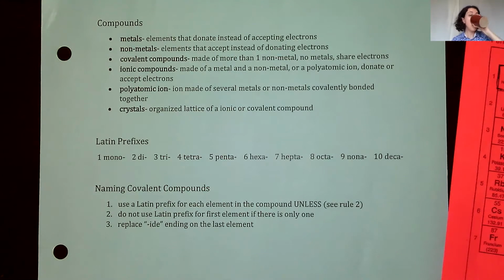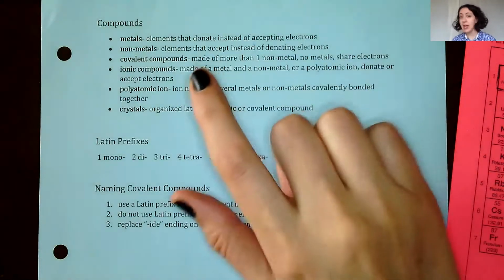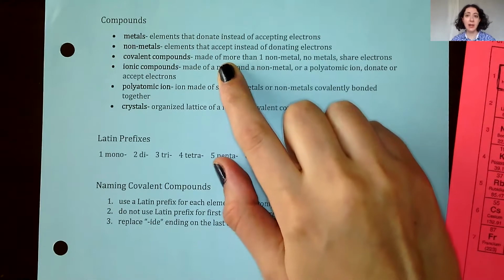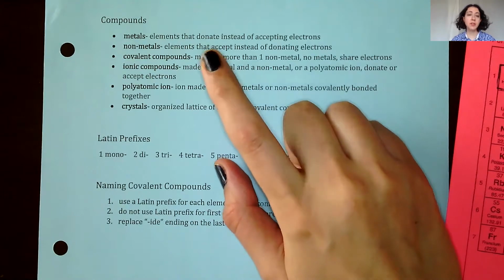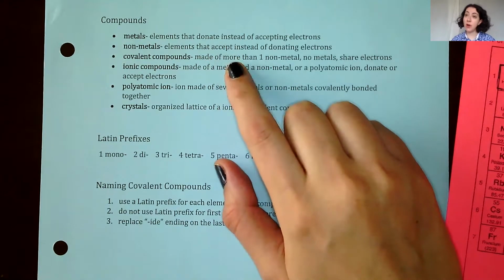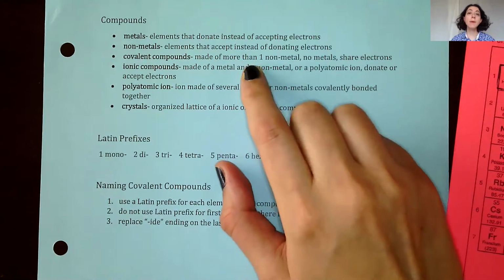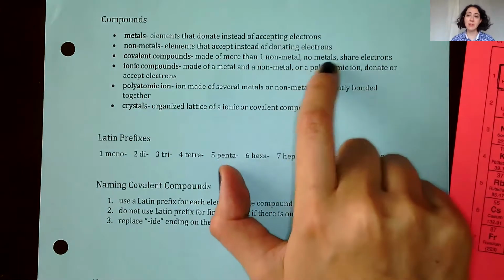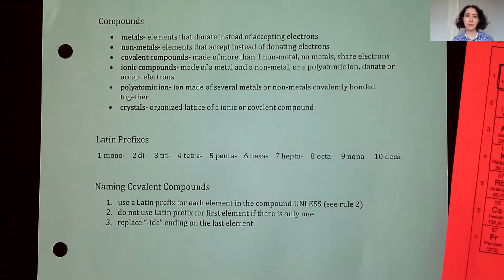So let's talk about the difference real quick. A covalent compound is where the atoms involved in making the molecule are more than one nonmetal, no metals, and they all share electrons.